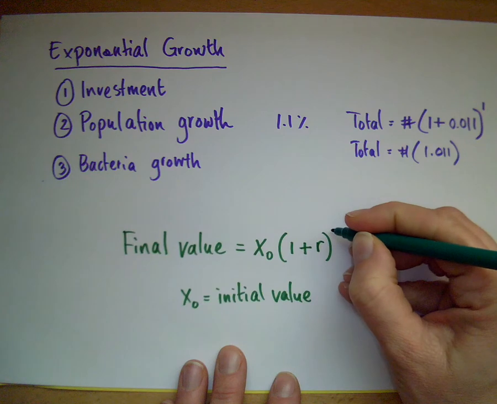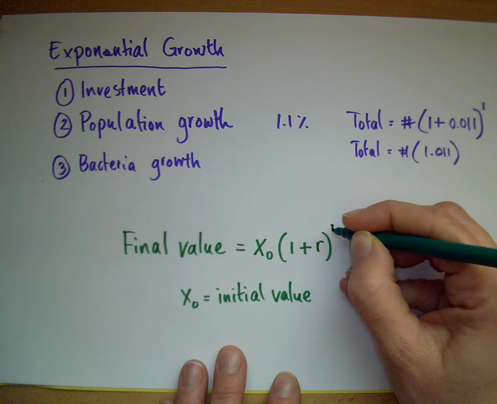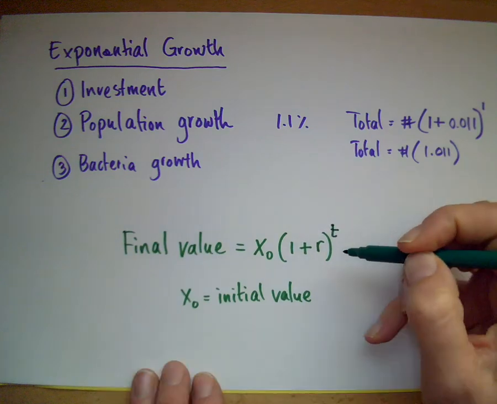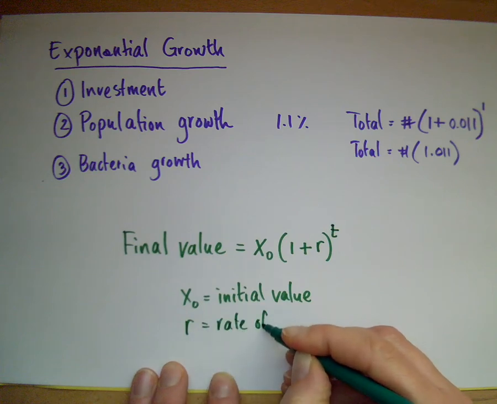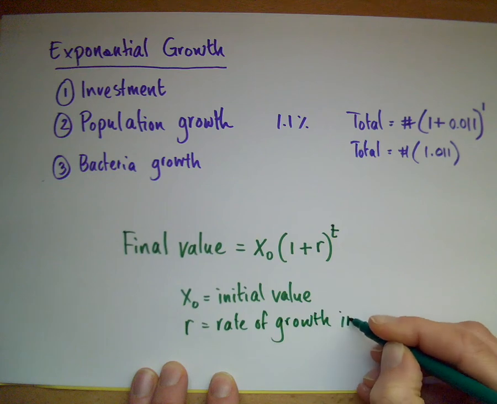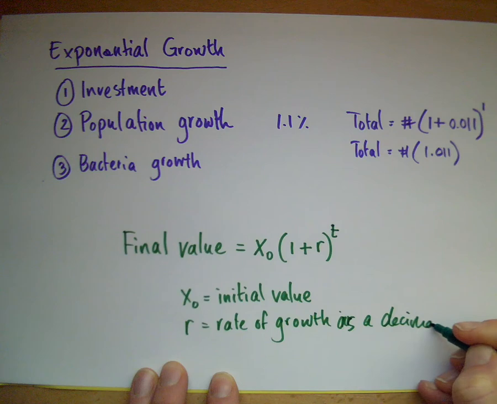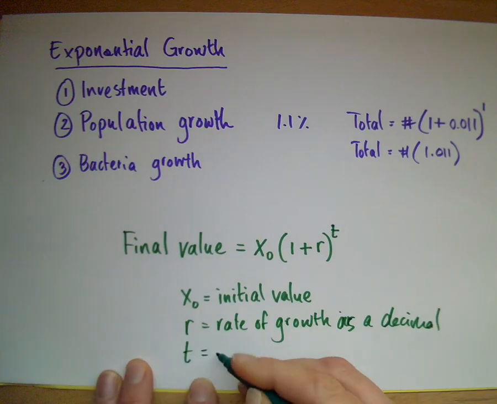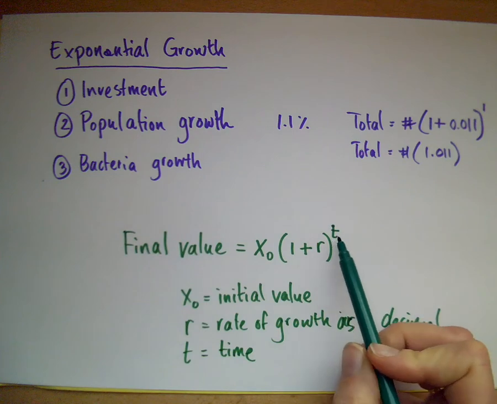Why don't we put T, rate of growth, as a decimal, and then T will be time, but it's not necessarily in years.